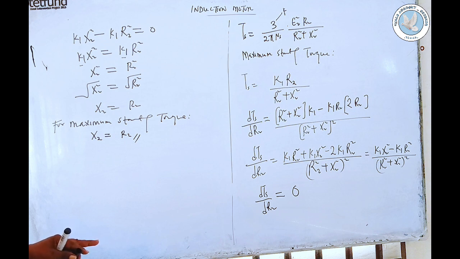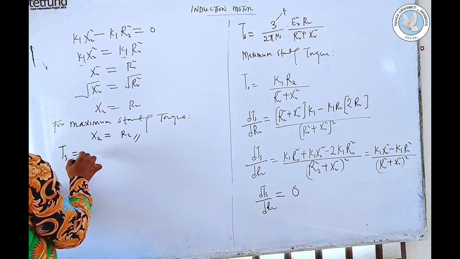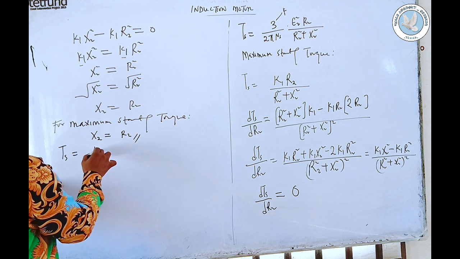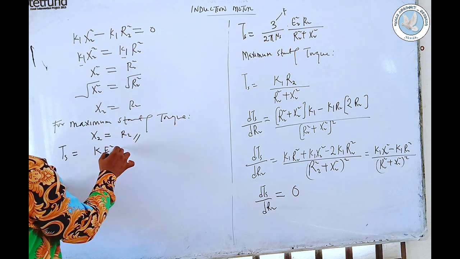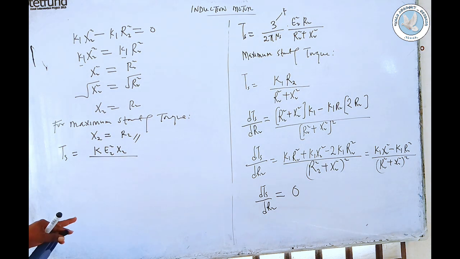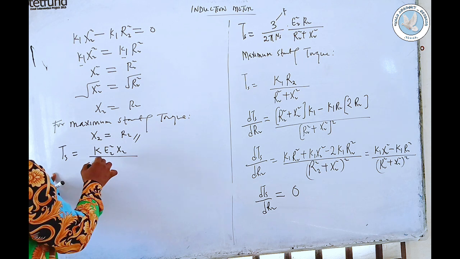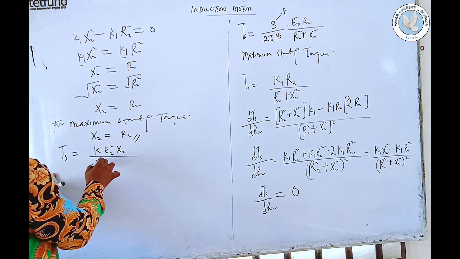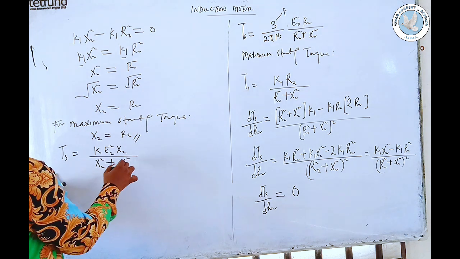So if you are going back to the original equation, we are having that starting torque is going to be mk this, in place of R2 put X2. So this is going to be X2 plus this is X2.